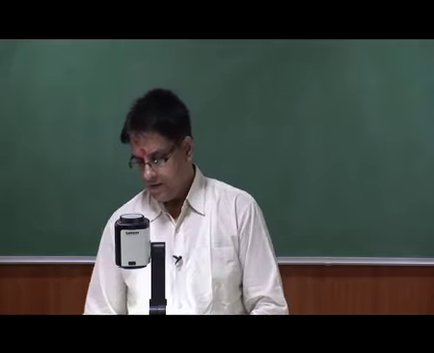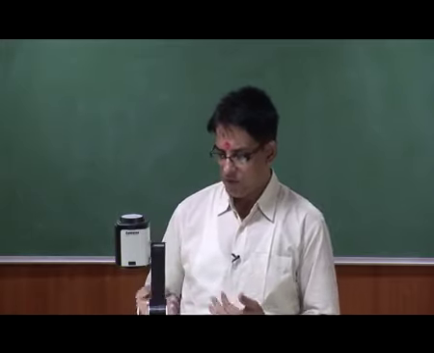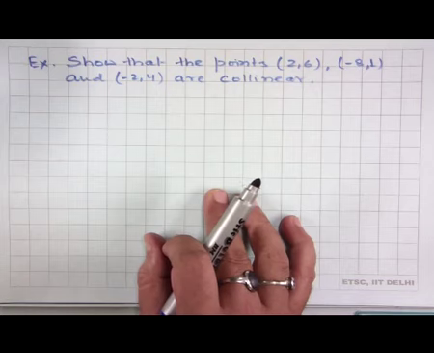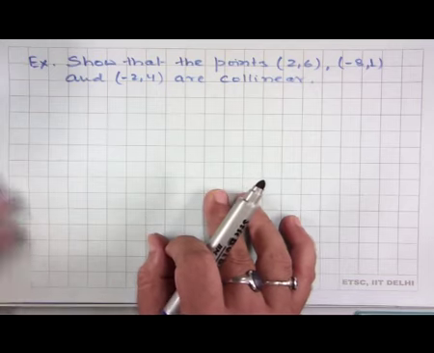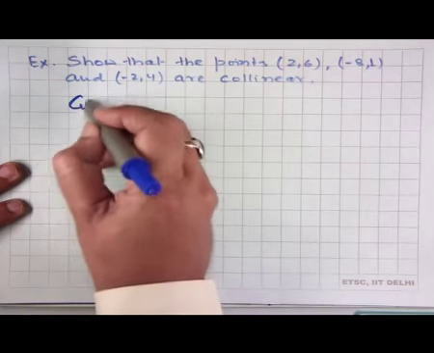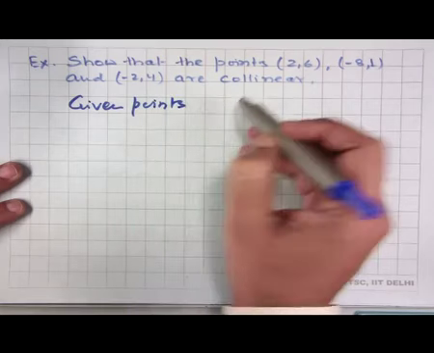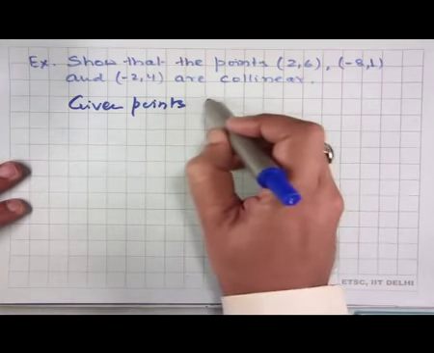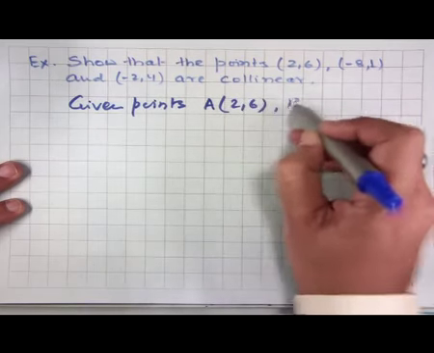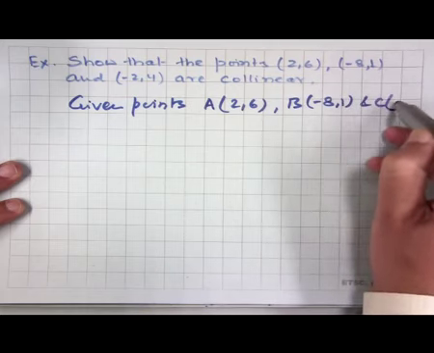So whenever you have to show collinearity, it means these 3 points lie on the same line, and we have to show it. Given points are say A(2, 6), B(-8, 1) and C(-2, 4).